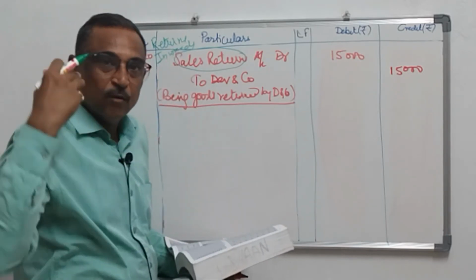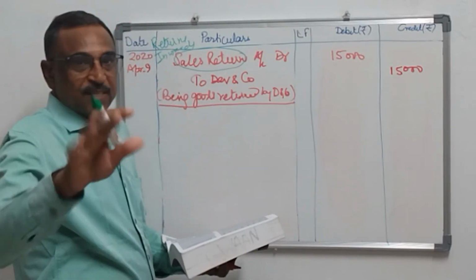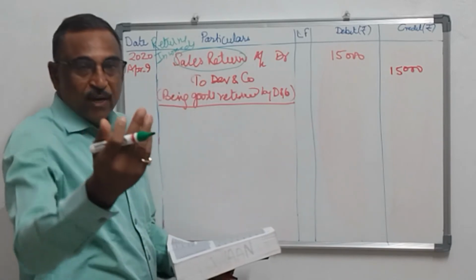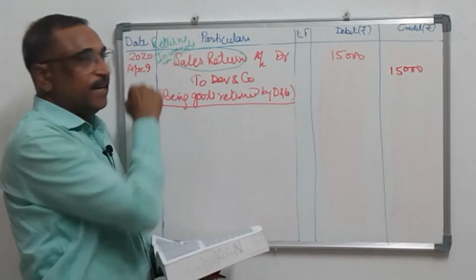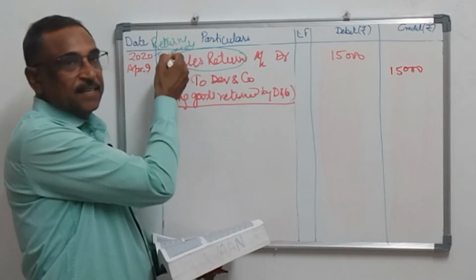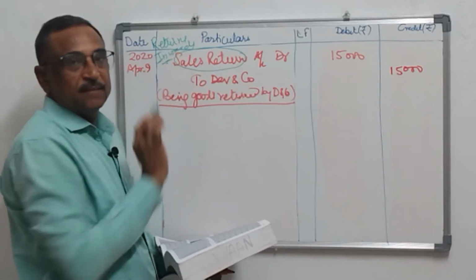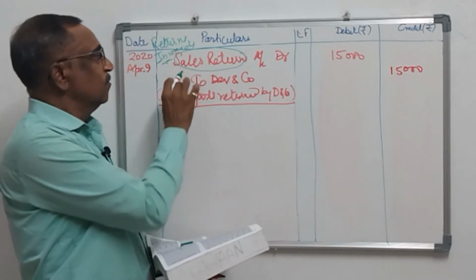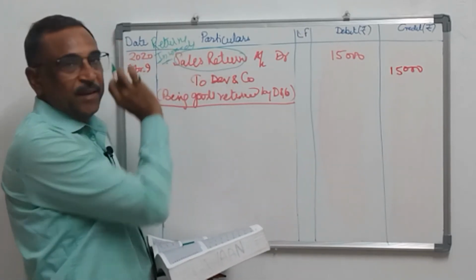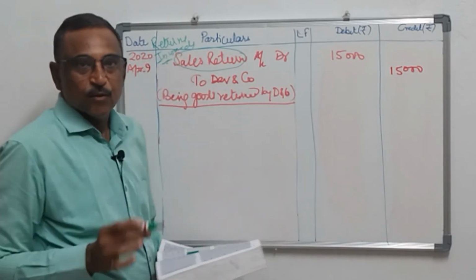When the goods are sold, goods go out of the business, and in sales return, you are getting back the goods. So the word inward will be used. Return inward. We are getting these goods as returned and they are coming inward. Okay, this is the way. In case you get confused what to use, then sales return can be justified this way also.